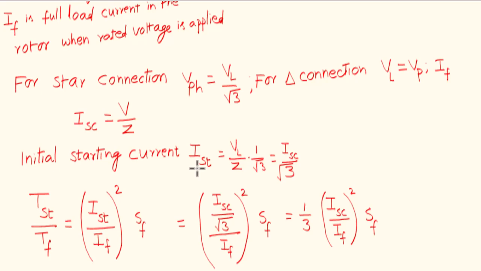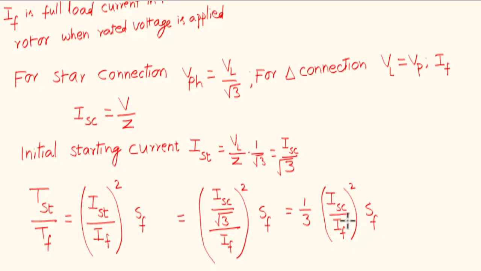Having known the starting current, it should be substituted here, that is ISC by root 3, and the full load current is its standard value under delta connection, since rated voltage is applied under running condition to the delta connected squirrel cage induction motor. Once it is simplified, we get 1 by root 3 whole square, which is 1 by 3, into ISC by IF whole square into SF.